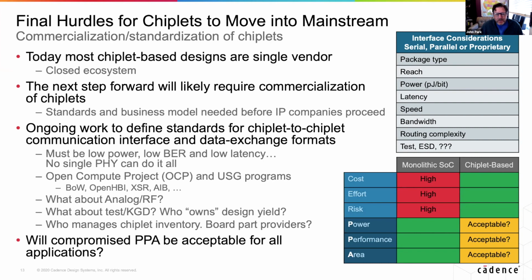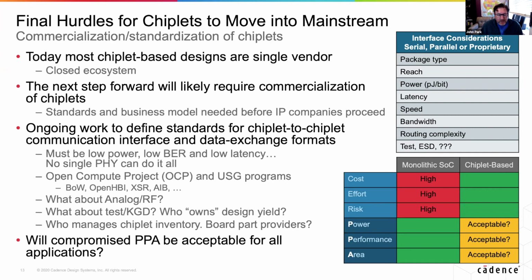What needs to happen before I can go to whoever's going to provide them, whether it's a DigiKey or an Arrow, or an IP provider like a Cadence, or a foundry like TSMC? At some point someone will have to, and people are looking at different business models for whether having this library of chiplets makes sense.